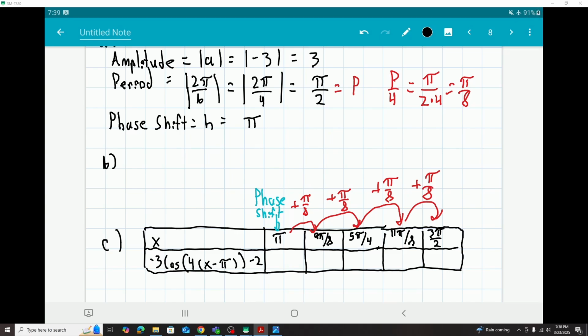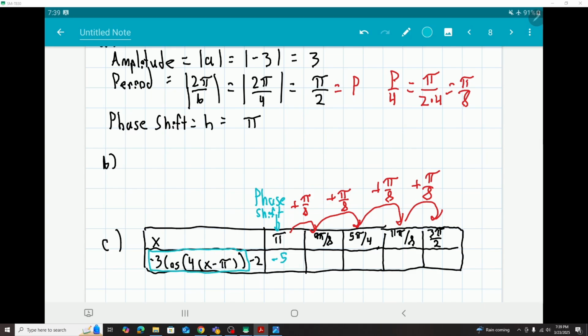All right, so let's go. We plug in pi right here. We get pi minus pi is 0 times 4 is 0. So cosine of 0 is 1 times minus 3 gives us minus 3. Put all that together, we get minus 5. Because this block here is minus 3.